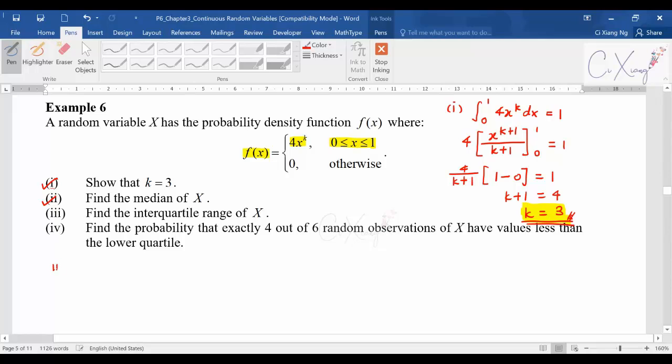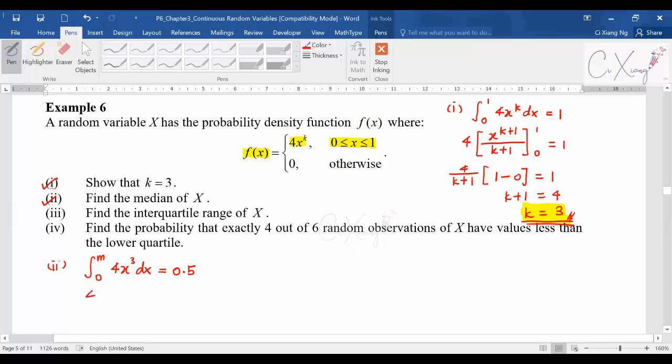For part number 2, they want you to find the median of x. To find the median, you know that when you integrate from the smallest value until the median, I assume that m is the median, so when you integrate from 0 until the median for 4x power 3, the probability equals 0.5.